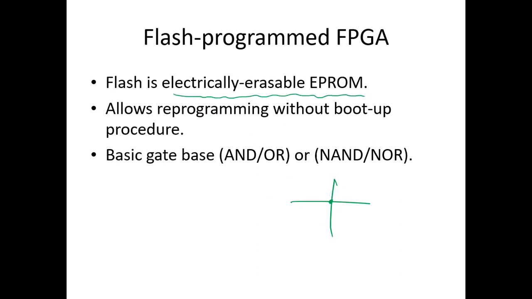So many times we can reprogram, but the problem is that it's not like your SRAM based FPGA. SRAM based যদি আমরা 50,000 times আমরা কনফিগার করতে পারি, this is 5000 or 500 times আমি configure করতে পারবো, that is the difference. And the virtual logic is made through the basic gates. So either AND OR, this is the previous technology.